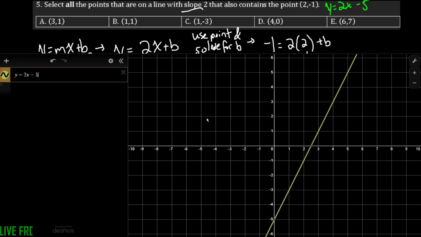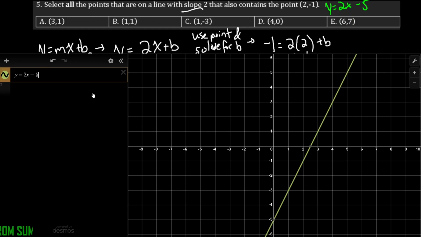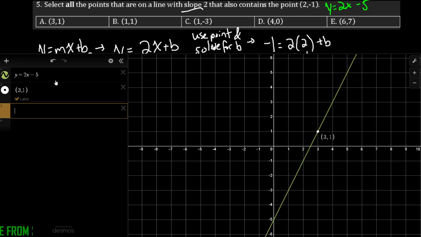Okay, so here's our line, and now what we do is we say, okay, any points that are on the line are solutions, but we're trying to figure out which of these points that are given are on the line. So we're going to say, is the point 3, 1 on the line? It certainly is, so that one's good. Is the point 1, 1 on it?